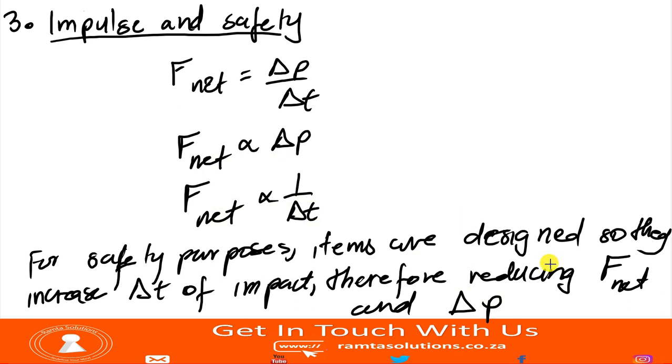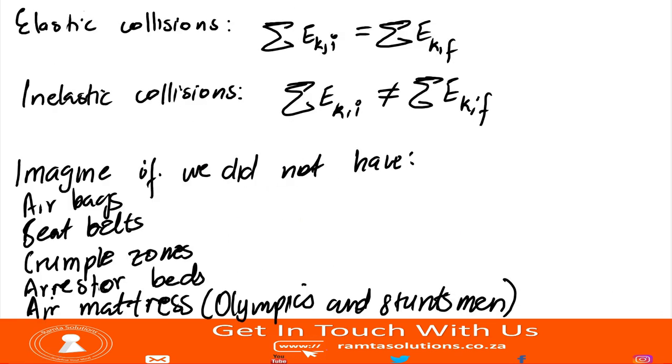So the design of these items is basically to say, whatever collision happens, they're designed so that the collision takes place within a longer period of time. Because if they happen within a short period of time, the collision is very fatal to the users.